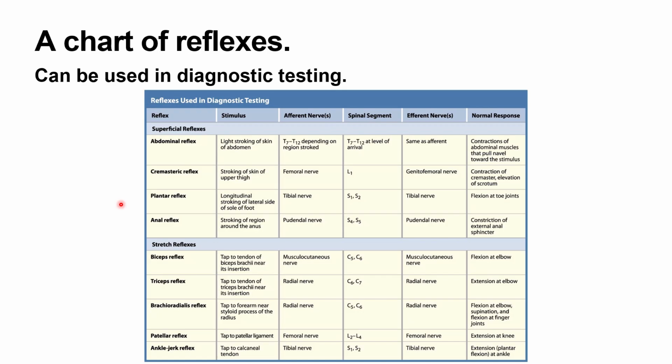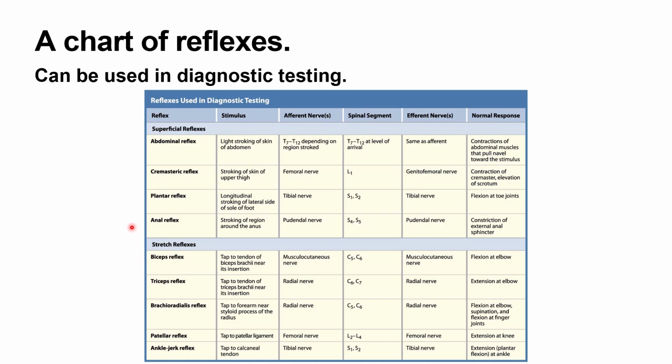But the reflexes that we see down here under the stretch reflexes should be included in virtually every single physical exam in which we suspect some sort of injury to the nervous system or the musculoskeletal system.